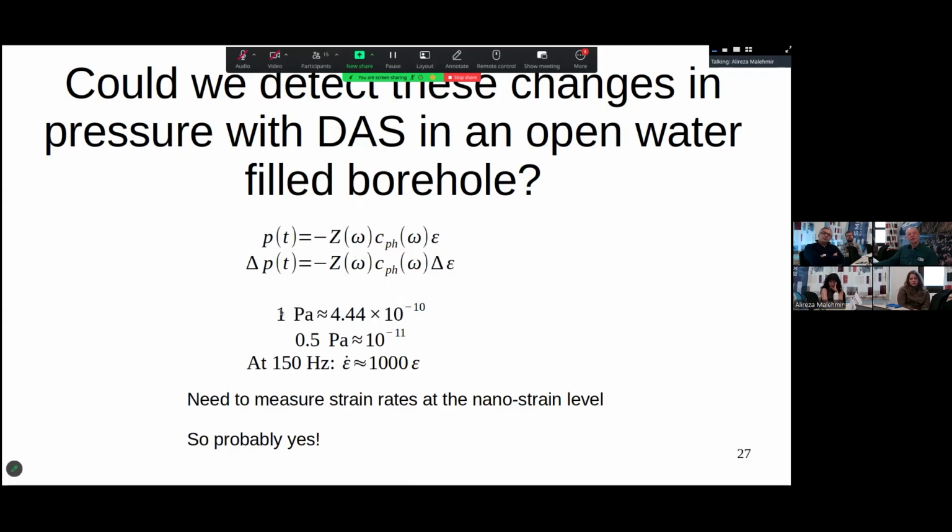And 1 Pascal is about equal to a strain of about 4.44, or 0.5 Pascals is about 10 to the minus 11th. So at 150 hertz, we're looking at strain rates on the nanostrain level. And yes, so we probably could do the same thing with a DAS cable.